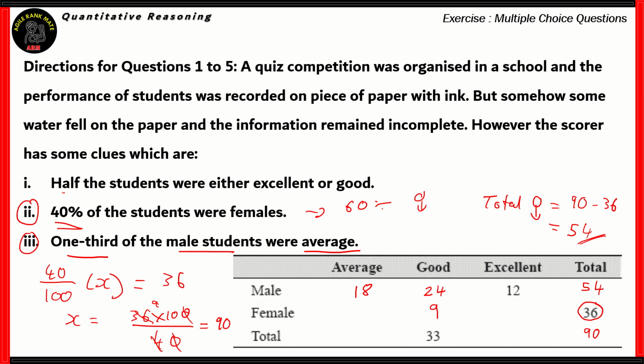The first clue says half the students were either excellent or good. So in this case, half the students would mean half of the grand total, which is half of 90. 90 over 2 gives you 45. So 45 students were either excellent or good, which means the other half, the rest of the 45 students, were considered average. So we now know that the total average students turns out to be 45.